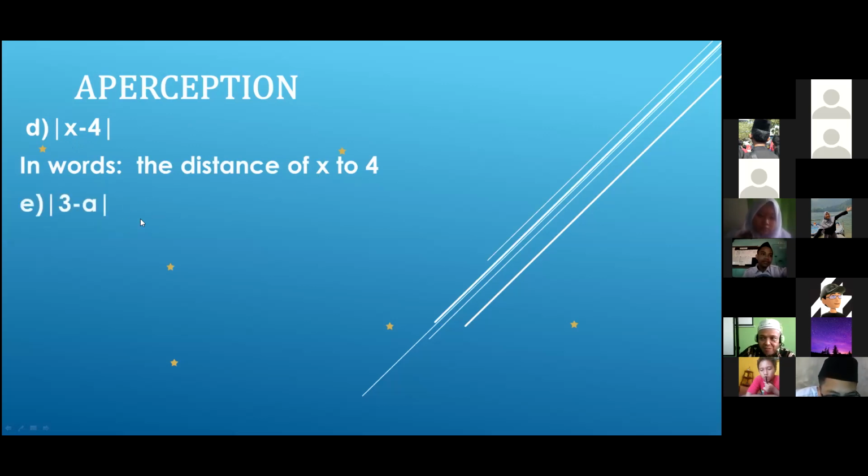What is the interpretation of the absolute value of 3 minus a? The distance of 3 to a.